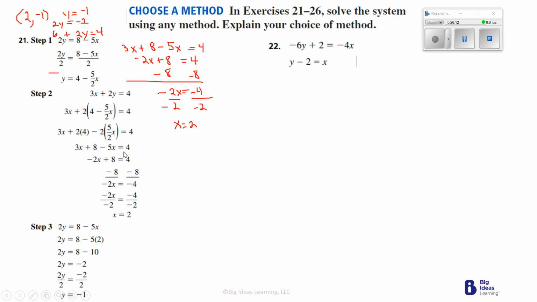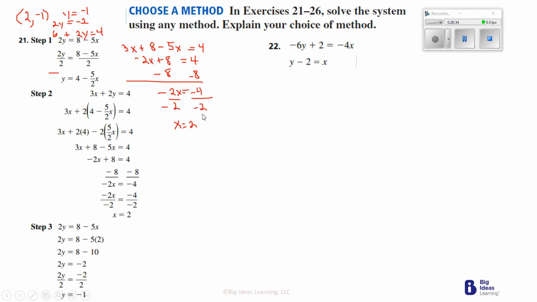The 8 comes down, the 4 comes down. I would have subtracted 8 from both sides, and this would have given me negative 2x equals negative 4. Does that look familiar? Somewhere up here, I remember that, right?